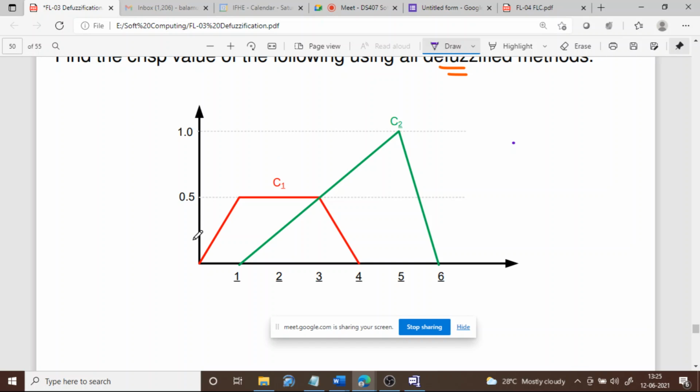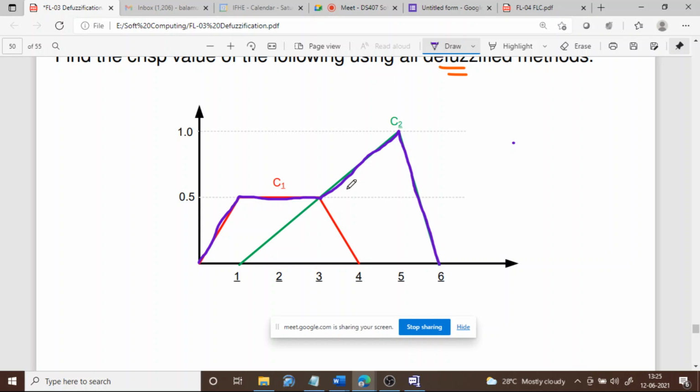From 0 to 3, the output will be from C1, so this portion will be taken. From 3 to 6, the output will be from C2. So this portion you have to take. This will be the resultant plot.